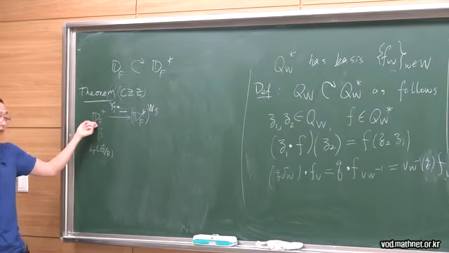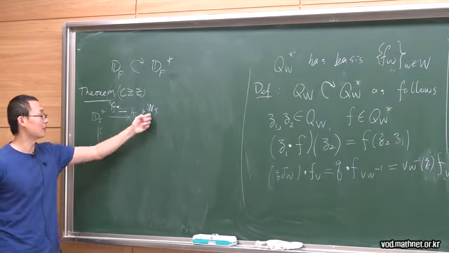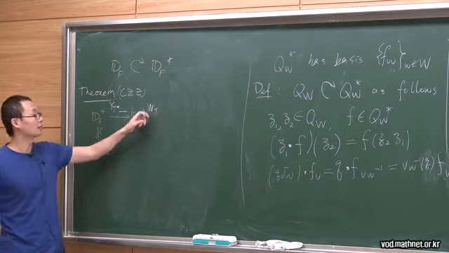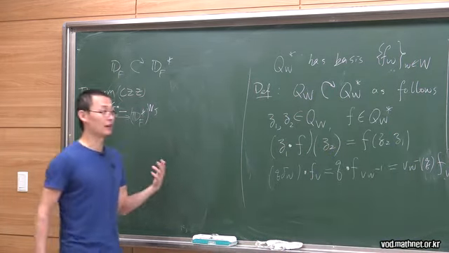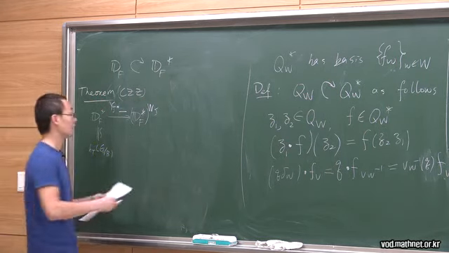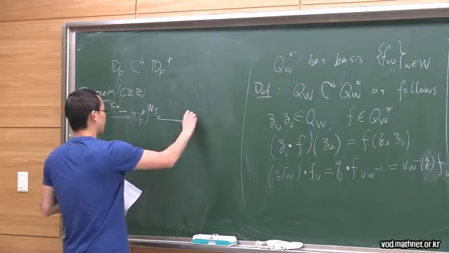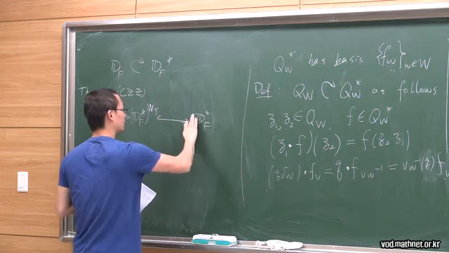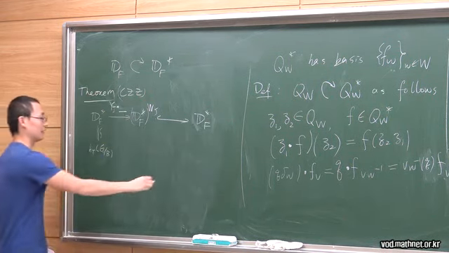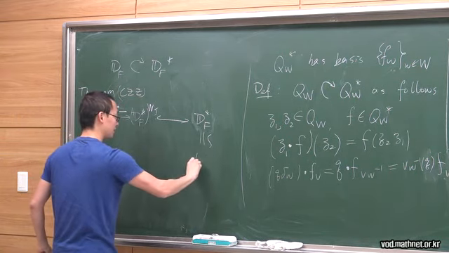It's still in D_F star, but moreover it will be in the W_j invariant subset, because this summation gives you an element that is W_j invariant. Of course, you can embed it back into D_F star.